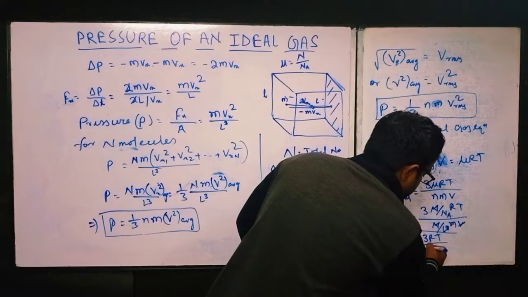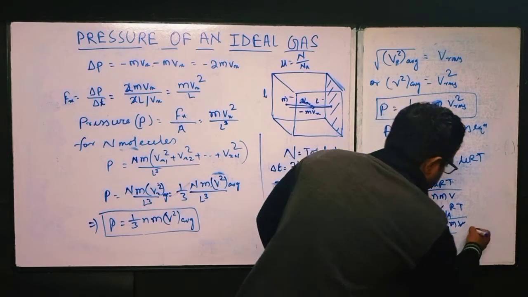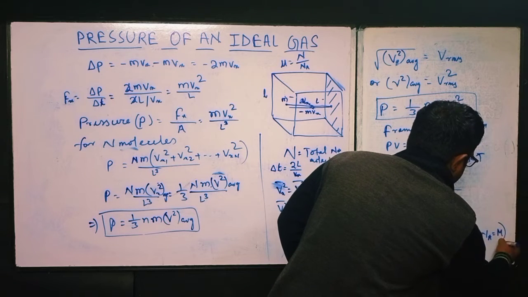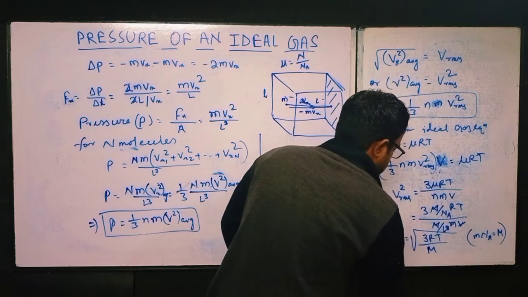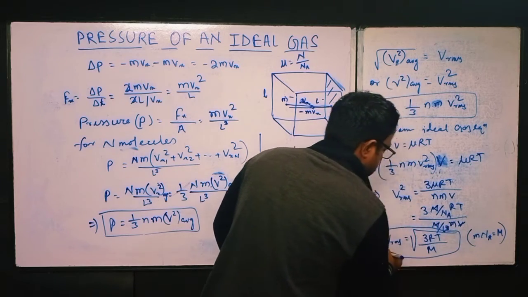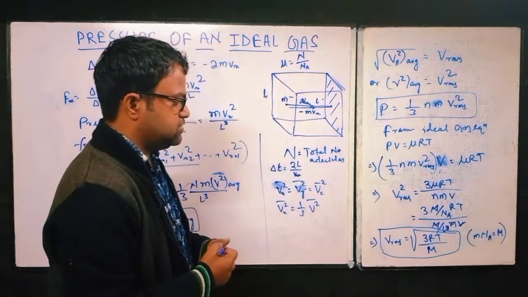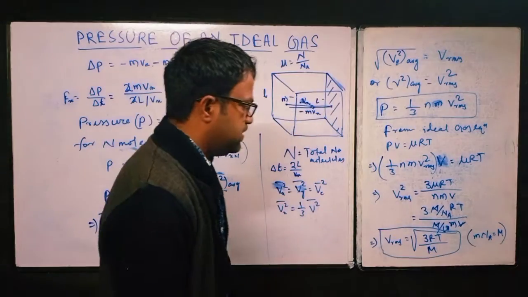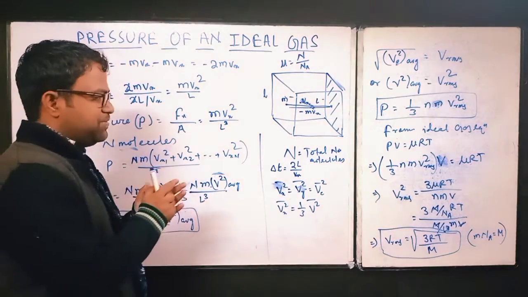Capital M I will use, where m into Na is capital M, the molar mass, right? So this is your V RMS, root mean square velocity. V RMS is the root of 3 RT upon M, right?